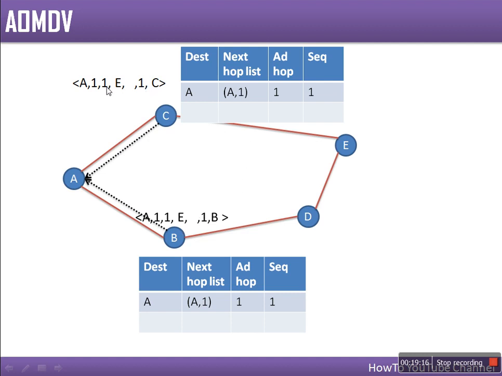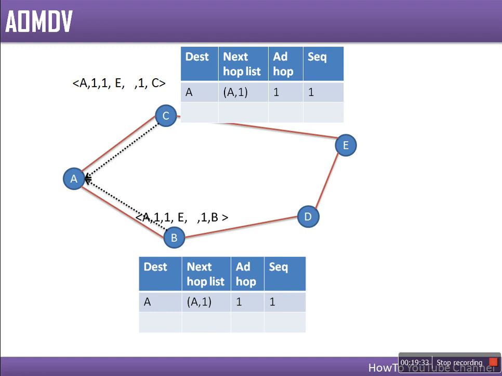for ID 1 route request packet, one packet came from C, one packet came from B. So if multiple packets are coming via different first hops, they will be received.